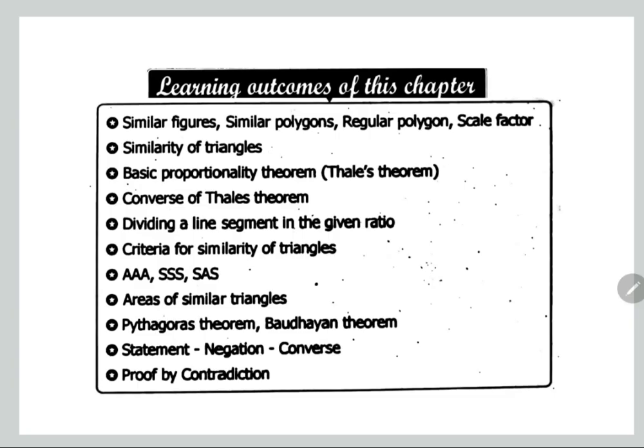Now we are learning from these similar triangles. The learning outcomes of this chapter are similar figures, similar polygons, regular polygons, scale factor, similarity of triangles, basic proportionality theorem, that is called Thales theorem, converse of Thales theorem, dividing a line segment in the given ratio, criteria for similarity of triangles, angle angle angle, side side side, and side angle side rules, areas of similar triangles, Pythagoras theorem, this is called Baudhayana theorem, and statement, negation, converse, and proof by contradiction.